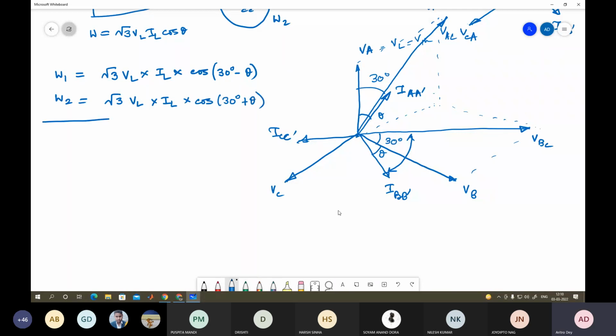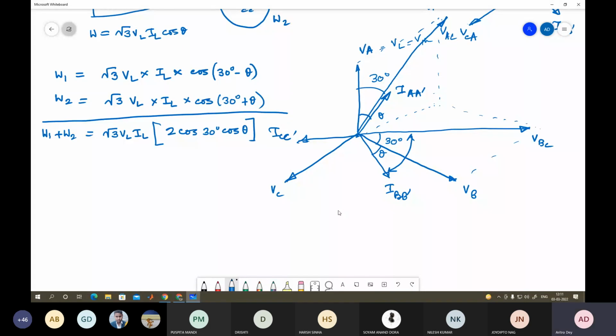So now if you add them up, W1 plus W2, you get √3 VL IL, and here this is going to be 2 into cos 30 degrees into cos theta. Or yes, this is cos 30 and this.